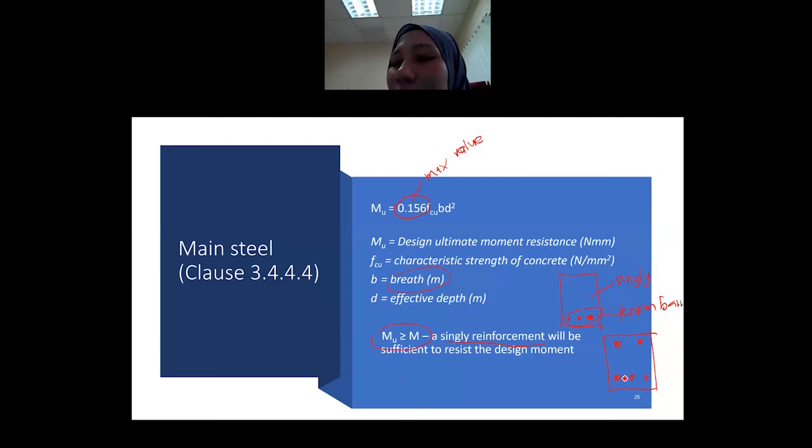So ini kita akan panggil, dia ada compression bar, and also tension bar. So, bila tension and compression bar, ini kita panggil dia doubly. Sebab limit kita belajar untuk syllabus ialah sampai singly sahaja.